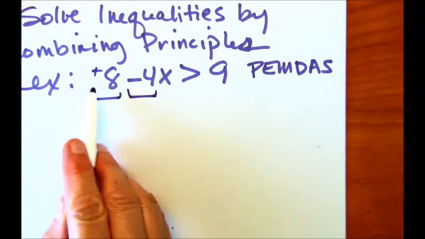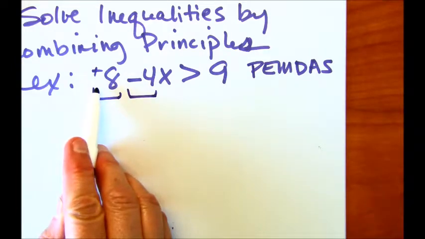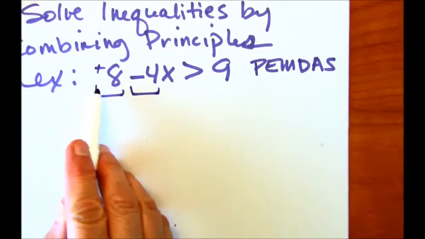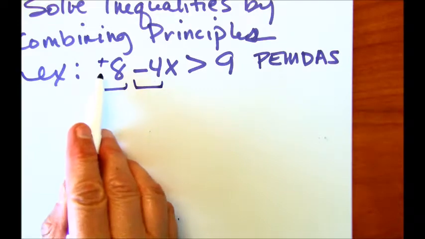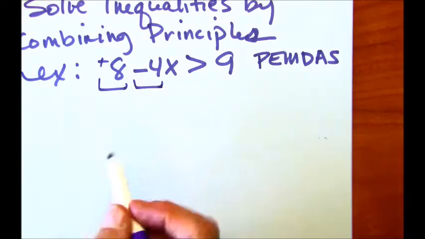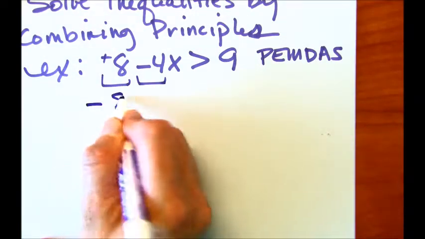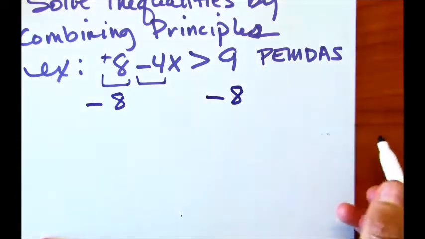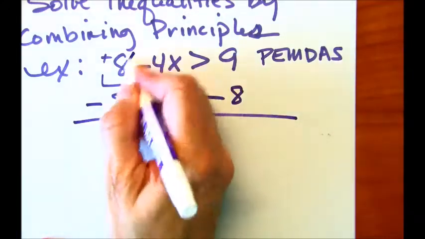So we're going to take care of this 8 first by adding the opposite of positive 8. I'm going to go ahead and write it as subtract 8 from both sides, and that's going to cancel.